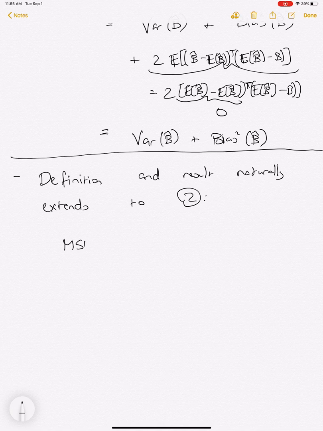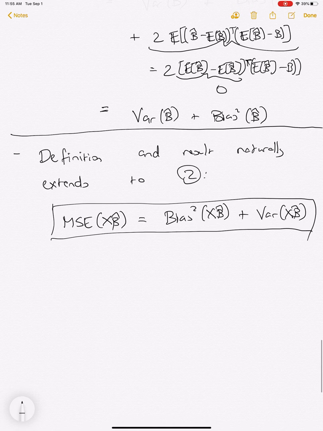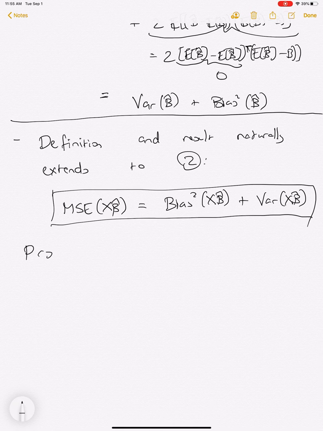So MSE of X b hat equals the bias squared of X b hat plus the variance of X b hat. I'm going to leave the proof as an exercise because it more or less follows identical steps. I encourage you to try to do it on your own, because that will give you a sense of how these calculations work, and you'll be doing these kinds of calculations on the first homework.